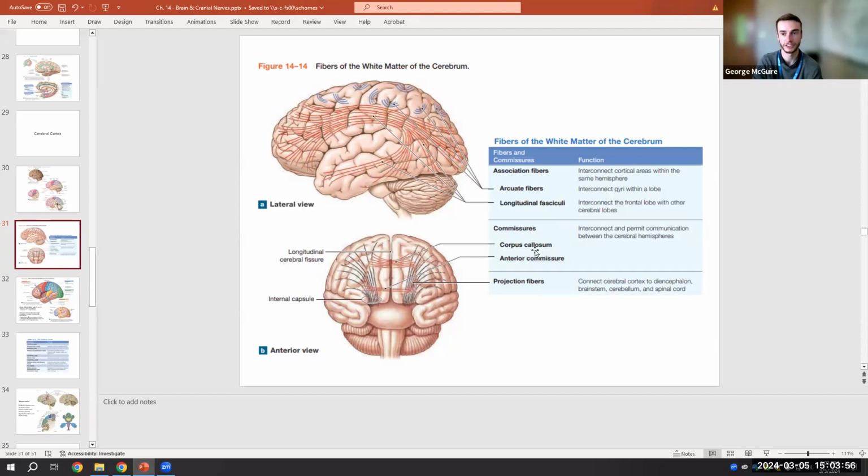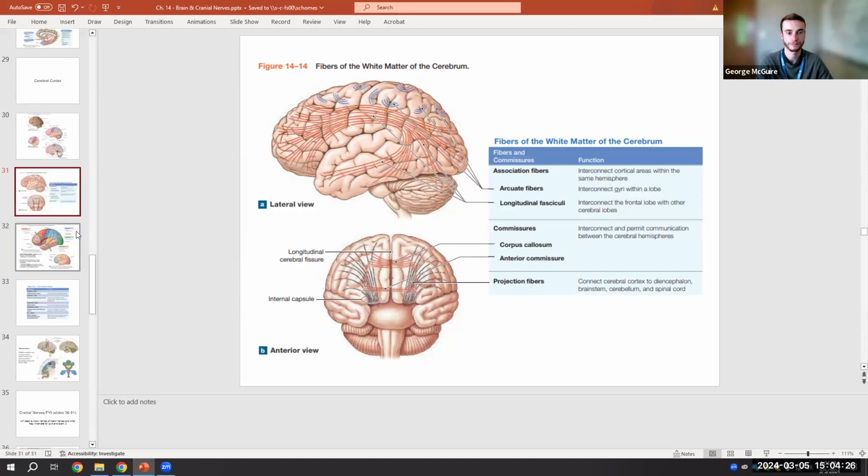Of the commissures, again, the main one we were talking about is the corpus callosum, that white matter we saw deep in the brain that connects the left and right hemisphere. And then you do have some white matter towards the anterior portion of your brain called the anterior commissure, doing the same thing. And then again, projection fibers connect those two big parts, the diencephalon and brainstem, to the cerebral cortex. Okay.